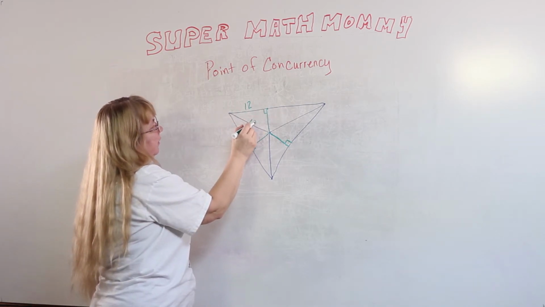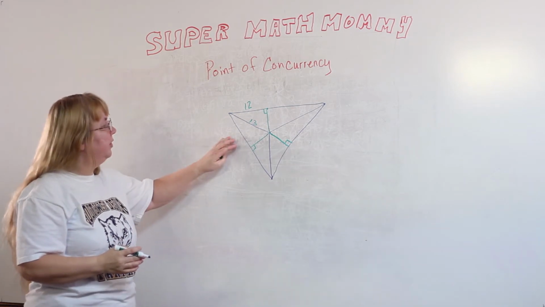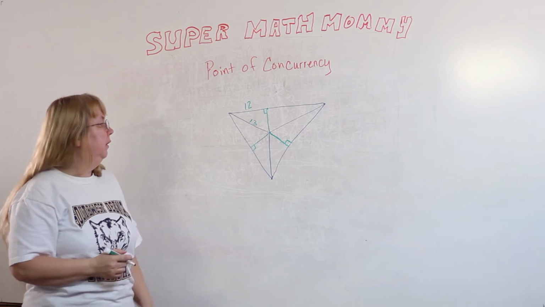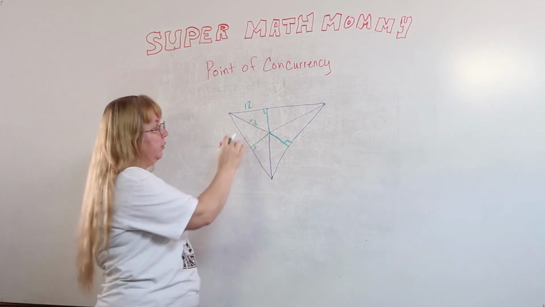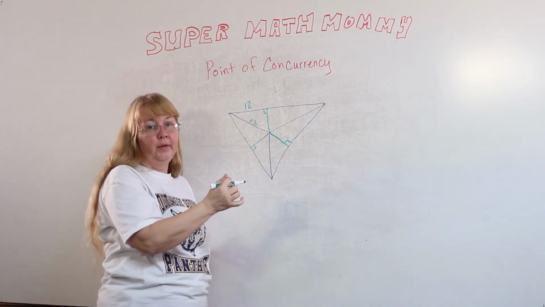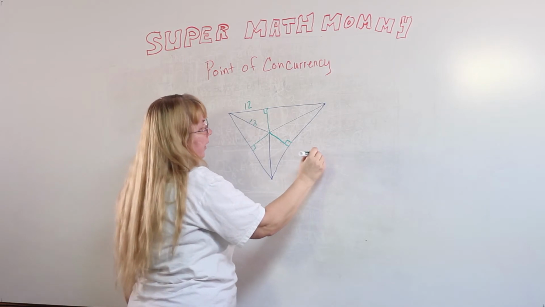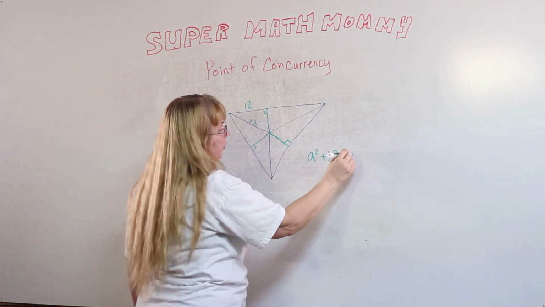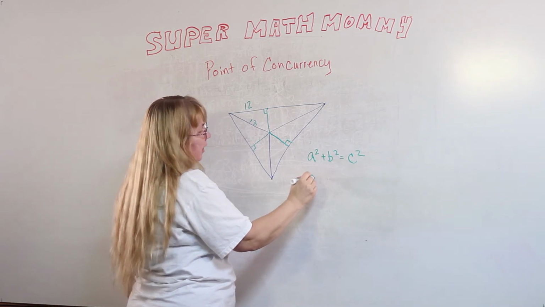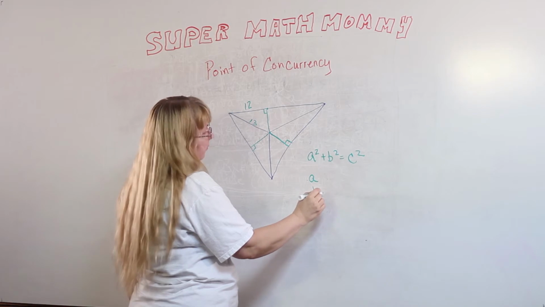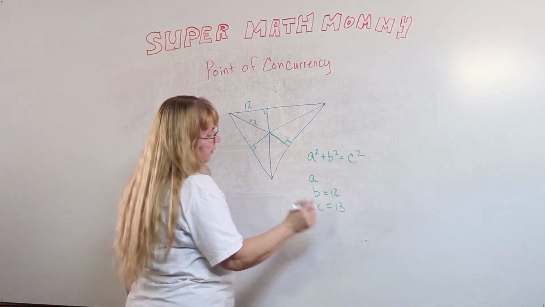And this is 13. What do we know about this that could help us solve for the length of the perpendicular segments? Well, this one we could just solve using the Pythagorean theorem, where we have a squared plus b squared equals c squared, and a is our unknown, b is equal to 12, c is equal to 13.